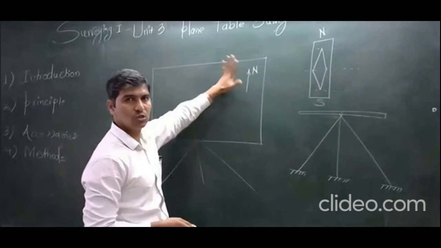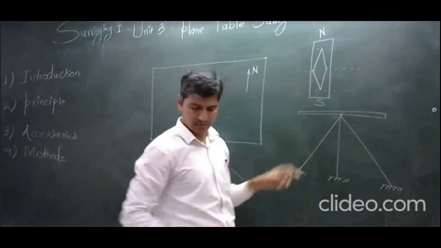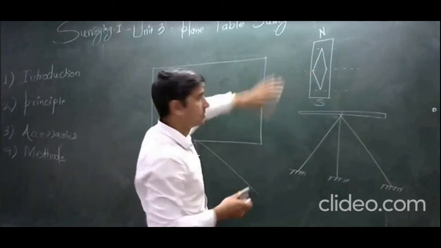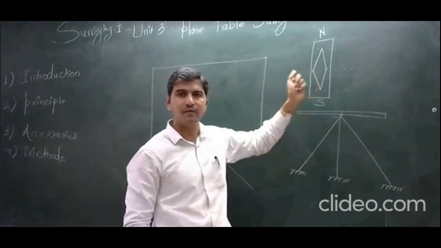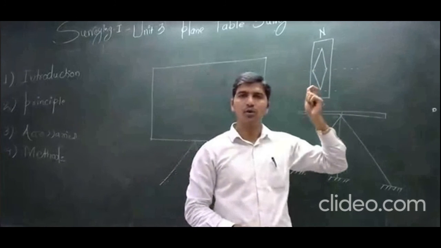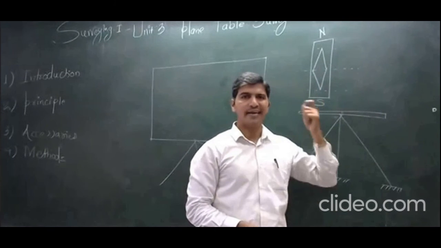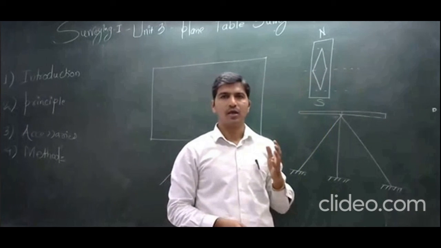So to draw the north direction, I will keep the trough compass on the drawing sheet, until the needle becomes constant and does not move or get disturbed.